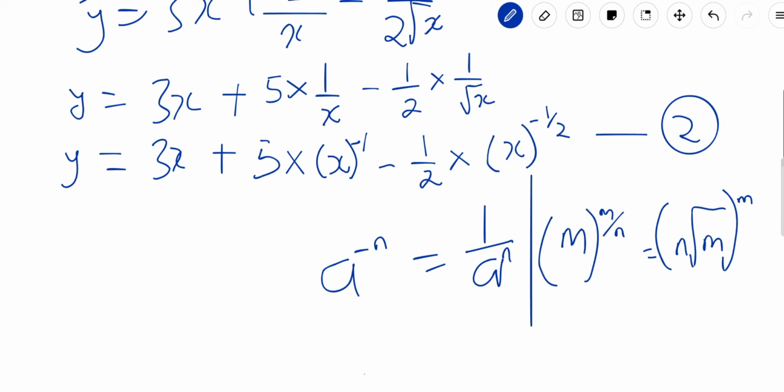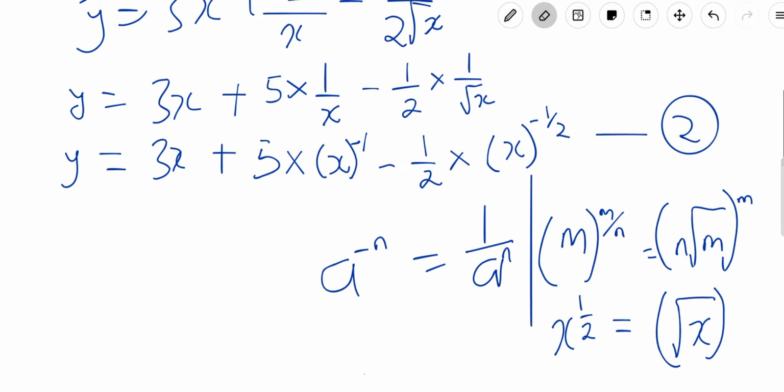Basically, that's why x to the power of 1 over 2 is the same thing as the square root of x to the power of 1. And of course, the 1 here just means you can decide not to put that 1 there. It's just put there for reference sake. So that was how I was able to transform.